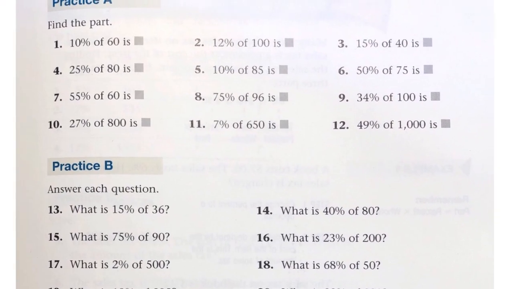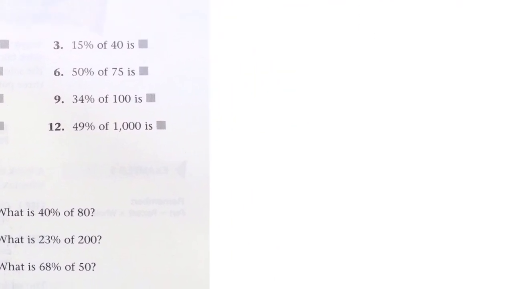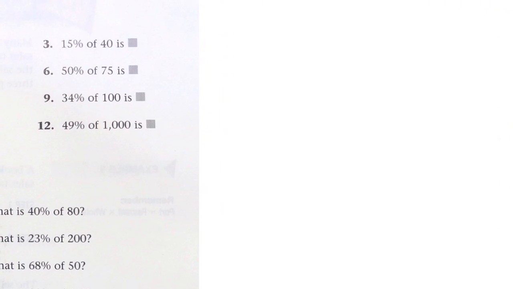I think I'll need a little more room. The directions are to find the part. So let's take a look at number 3. 15% of 40 is something. So we've got to figure out what that something is. Step 1, change the percent to a decimal. The percent sign goes away and you put a decimal point 2 places to the left.